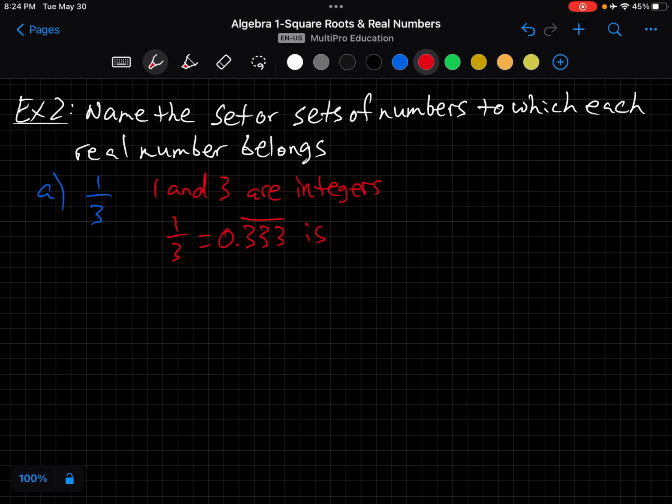So it is a repeating decimal, which is a rational number.